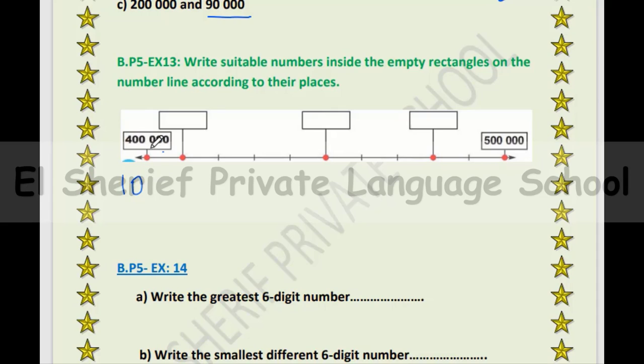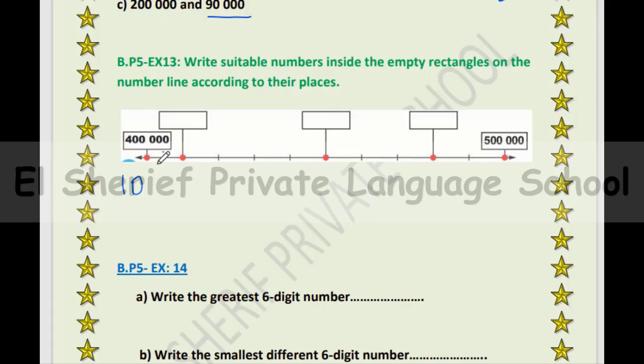Okay, and the difference between 400,000 and 500,000 is equal to 100,000. So if we divide 100,000 by 10, we will get 10,000. Okay, how to know the difference between 500,000 and 400,000?